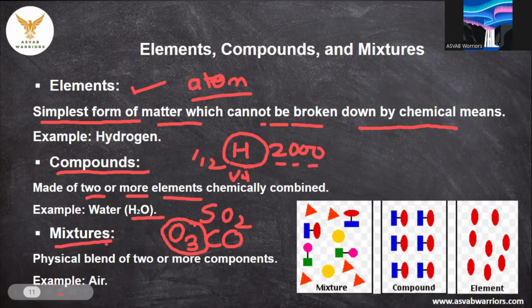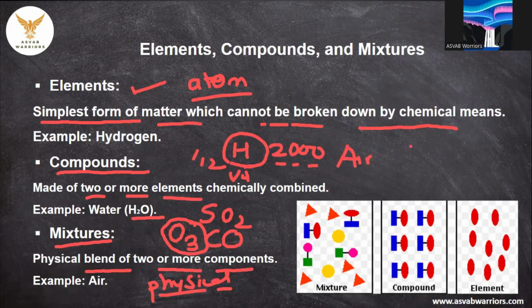Then next is mixture. These are a physical blend of two or more compounds. If you separate them, even by physical means, you can get different fractions. From air, we can separate carbon dioxide, we can separate oxygen, we can separate nitrogen by employing different methods of separation.